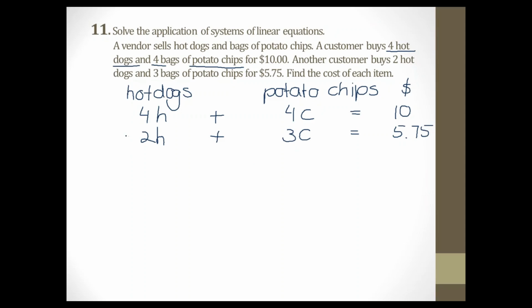And for the elimination method, like it says, one of the variables needs to be eliminated or cancel out. In my case, none of the variables are the same or opposite coefficients. So I'm going to choose the second equation, and I am going to multiply it by a -2. So I would have opposite coefficients right here for the h.